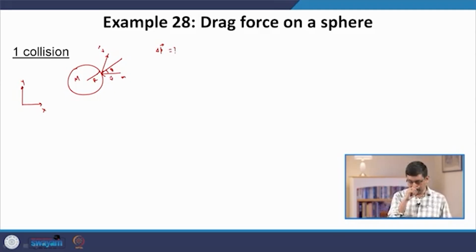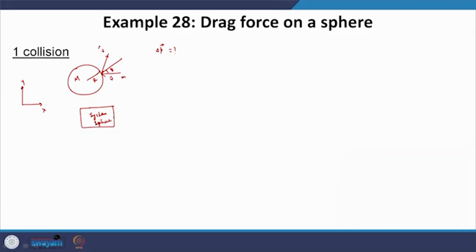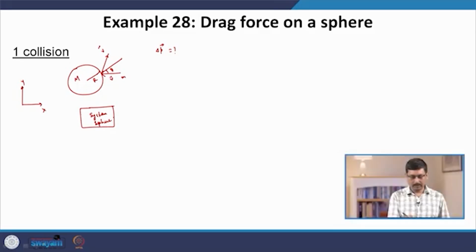So, let us define our system as this sphere, and then this fluid particle is going to give a force on it. Now, from this picture you can see that the fluid particles can hit the sphere at any position.